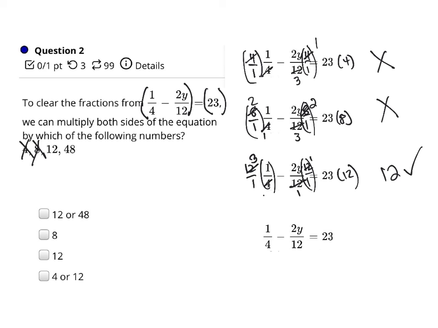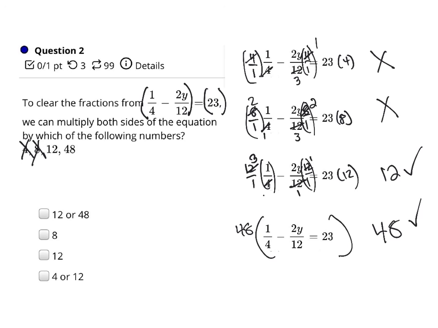The next one is 48. Now 12 is the smallest one, but 48 will still work because 4 will go into 48 and 12 will go into 48. So 48 does work.